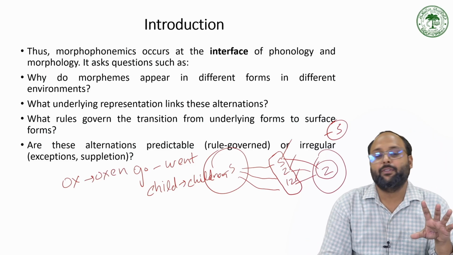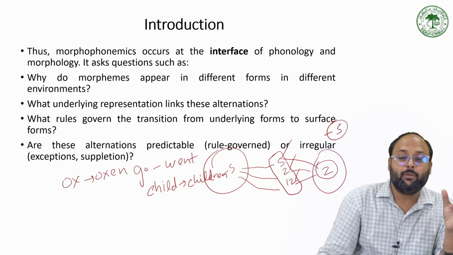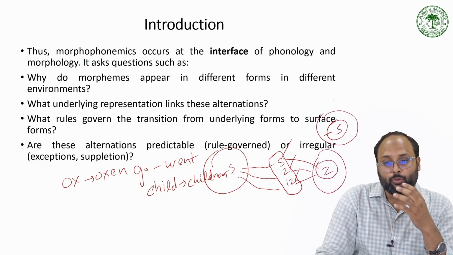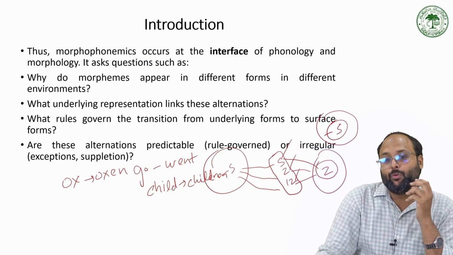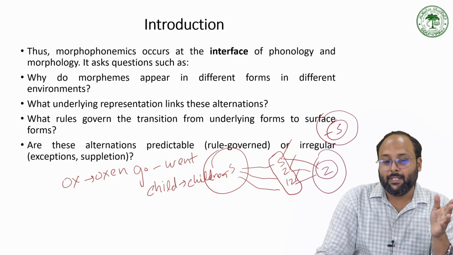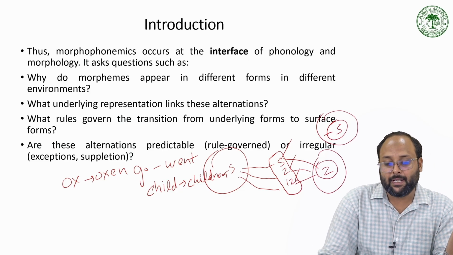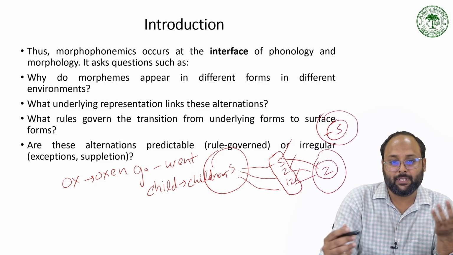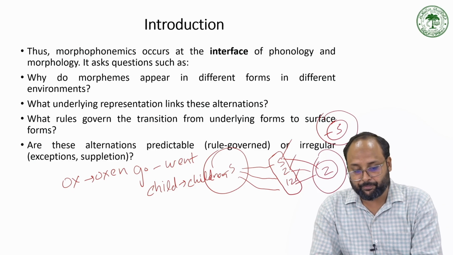So in this case, for making the plural we are not using the plural morpheme s. So it cannot go in this rule-governed position; it is the exception. It has some irregularities. And we also have an example of suppletion there: go, went.